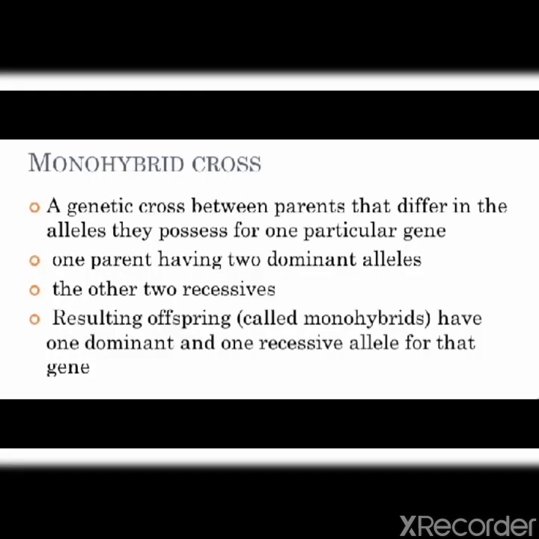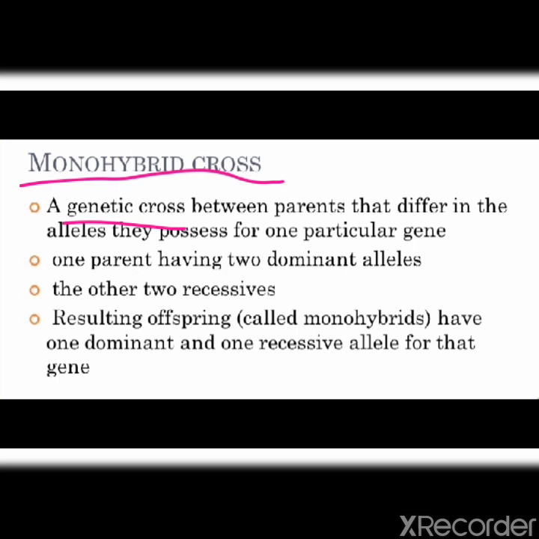Let's talk in Mendel's terms, about pea plants only. A monohybrid cross is a genetic cross between parents that differ in the alleles they possess for one particular gene. That's what we were talking about.